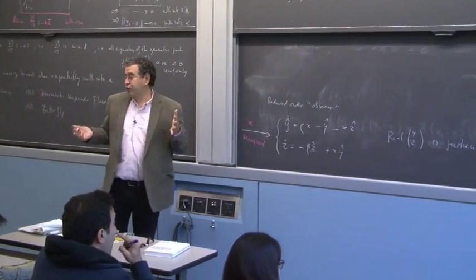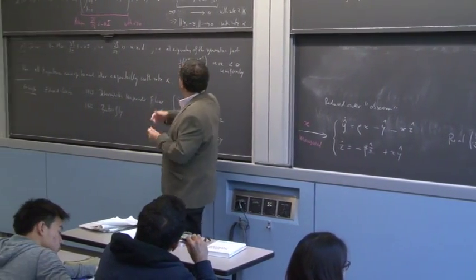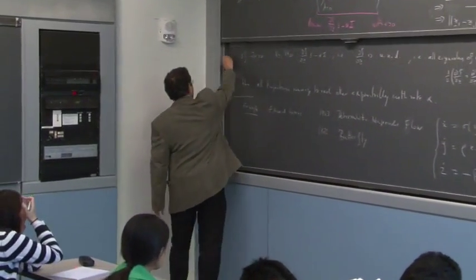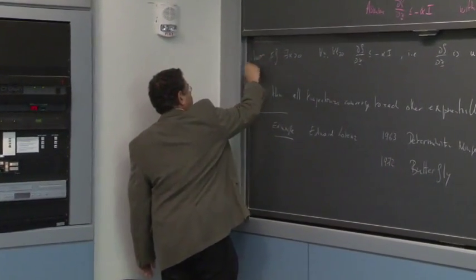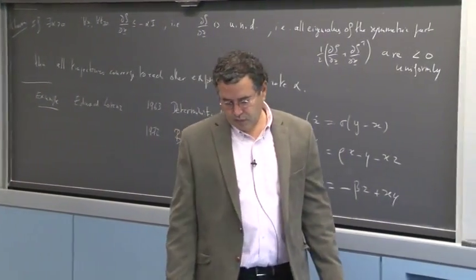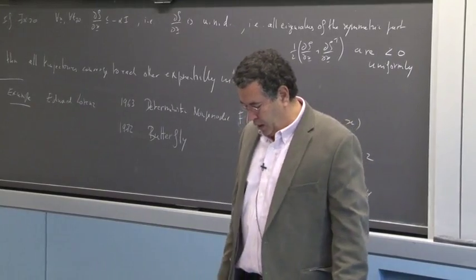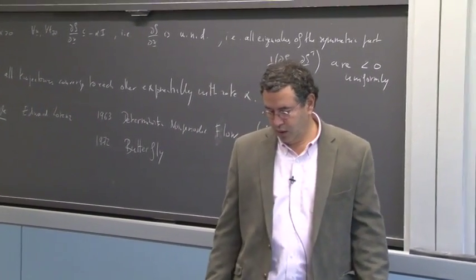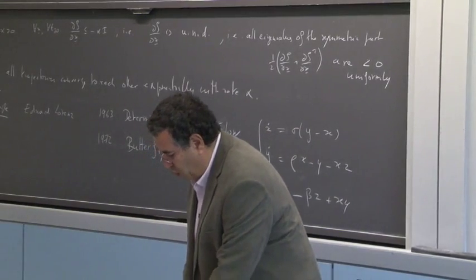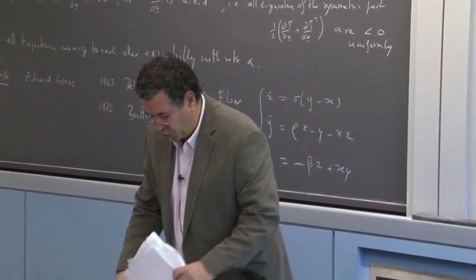Now, how do we show that it's contracting? Well, we could try to use this result. Okay, so we could say theorem, right? We could try to use this result. And so what is the Jacobian of this system?